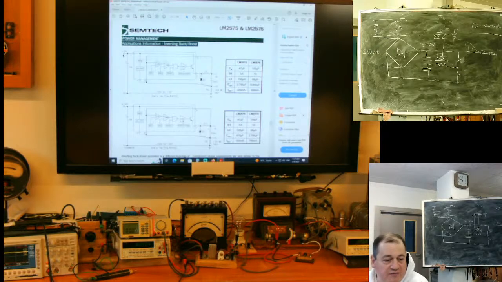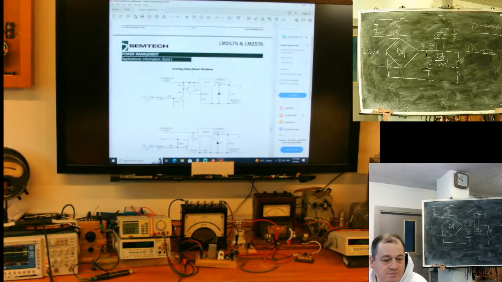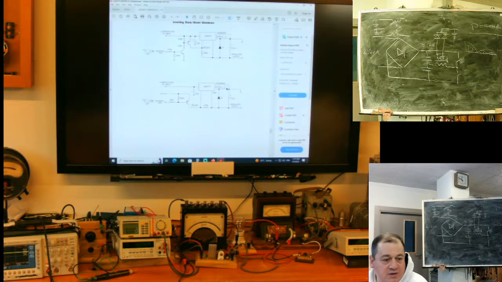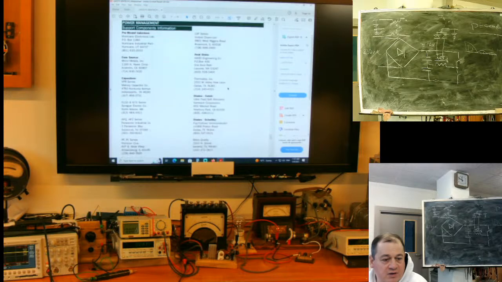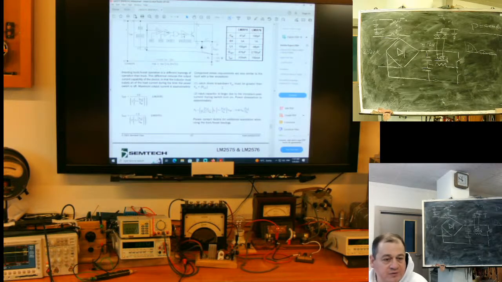From plus 5 volts you get minus. Easy. This one is shutdown. Okay. So, if needed, it can also produce negative voltage.